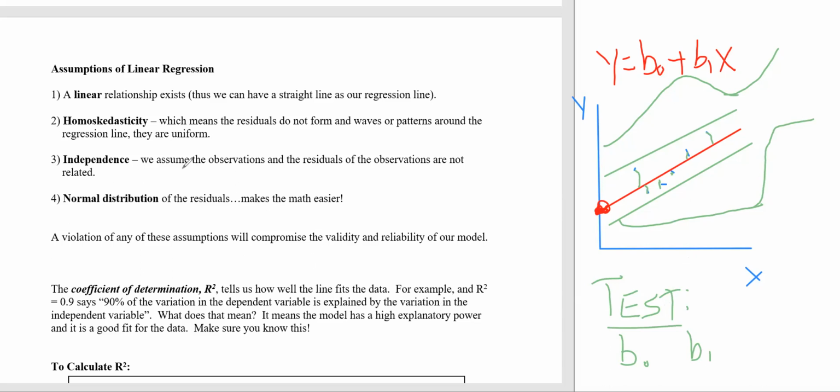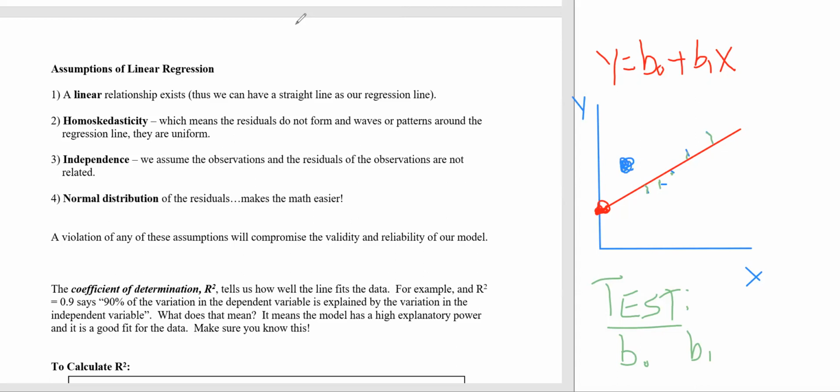Independence. Well, we assume again that the observations and the residuals of those observations are not related. What we mean by this is, well, let's get rid of these lines. When we look at an observation, let me put a big dot in here. So here's an observation. And I look at the next observation, and is it something that's below the line?